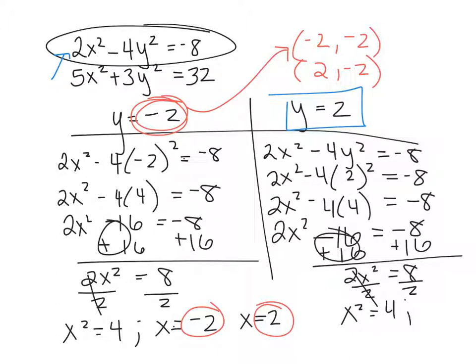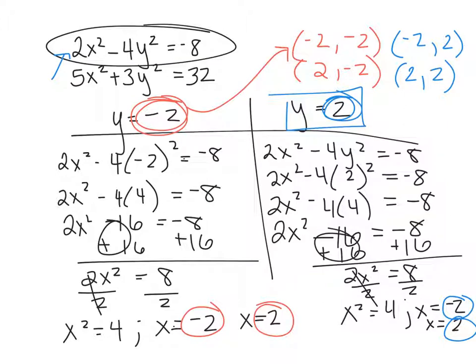That means that just x, when I take the square root, x equals negative 2 and x equals a positive 2. So again, when y equals 2, I have two solutions for x. My first ordered pair is negative 2, 2. My second ordered pair is positive 2, 2.